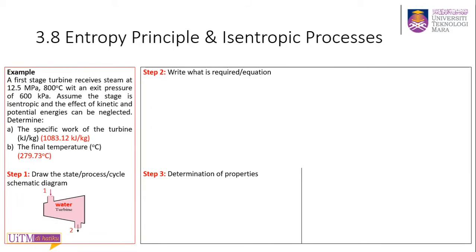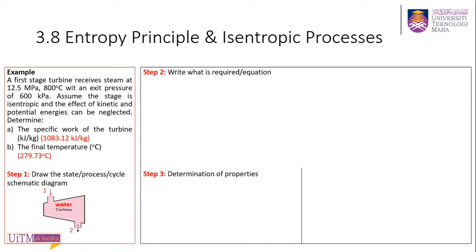Now, before we look at questions involving ideal and actual processes, let's look at the first example on how to apply the second law of thermodynamics to steady flow devices for ideal process.